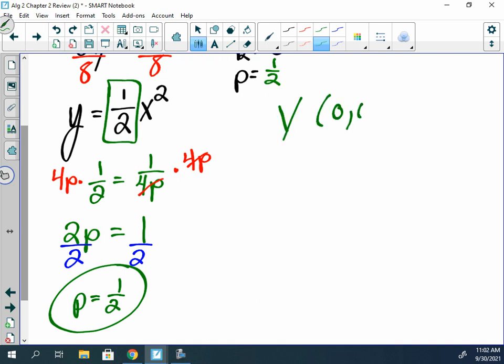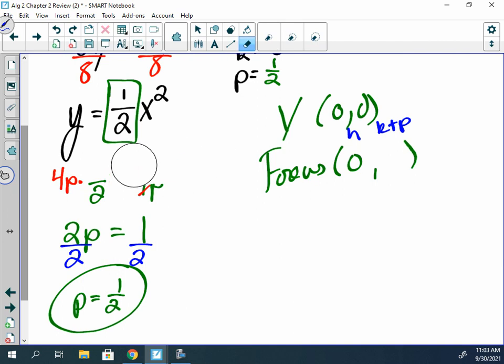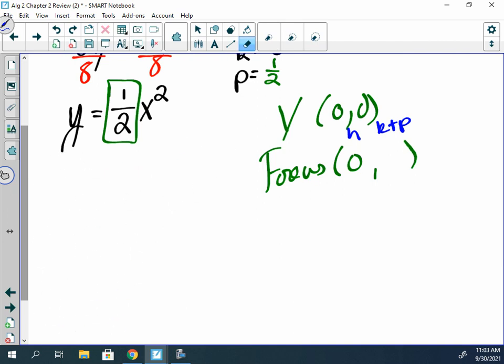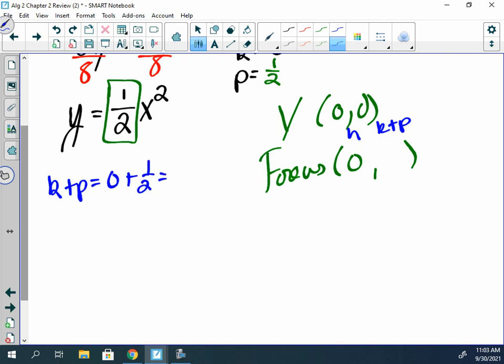Now the vertex, it didn't ask for it, would be 0, 0. Now the focus, which it did ask for in this problem, well, we have what? The equation is y equals, yes? So I can go over to the general equation. It's y equals. Vertex is h, k. Focus is h comma k plus p. Well, k plus p would be 0 plus 1/2, which is 1/2.